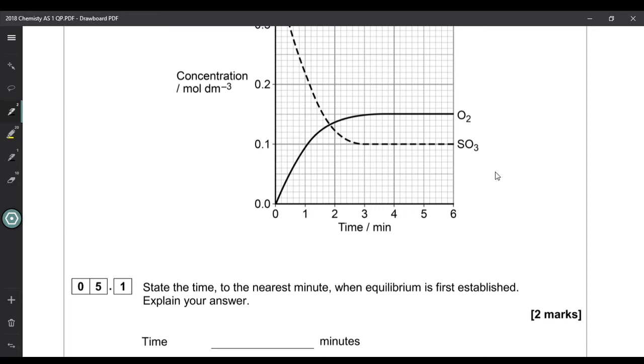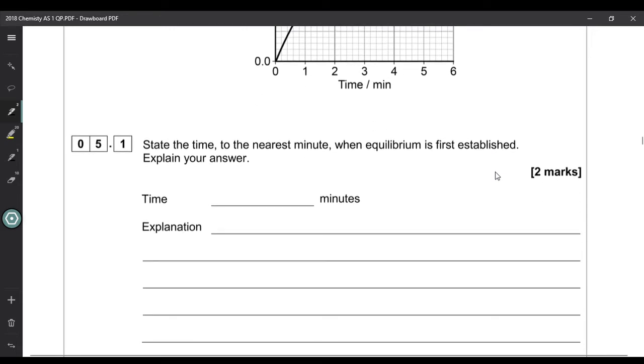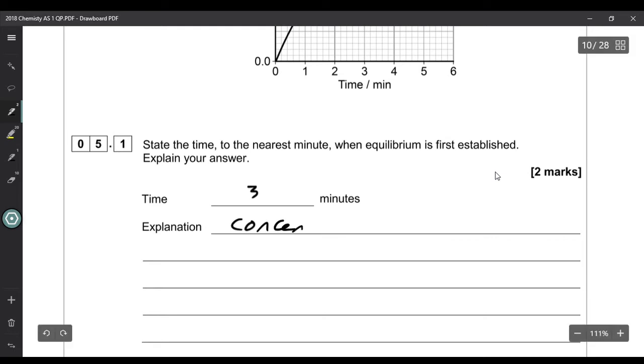It's when the concentrations level off, so there appears to be no more reaction taking place. In this case, that's about 3 minutes where we start to get a straight line. So the time is 3 minutes, and the explanation is the concentrations remain constant.